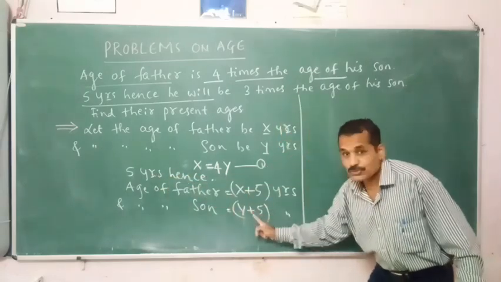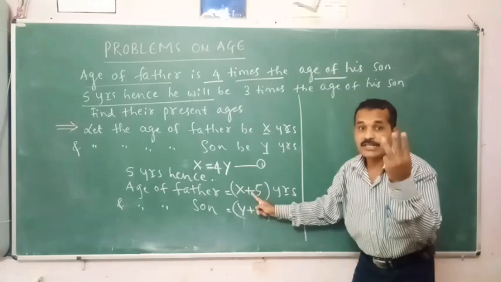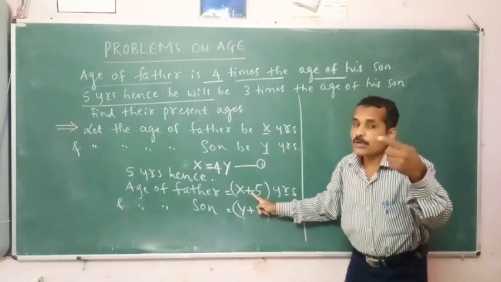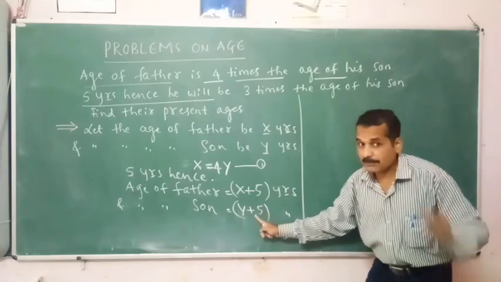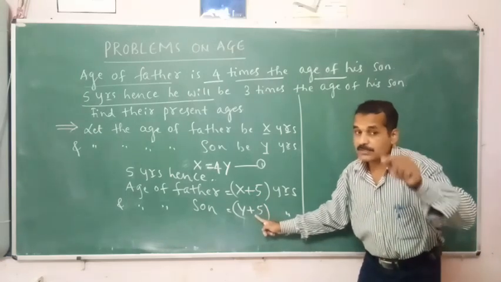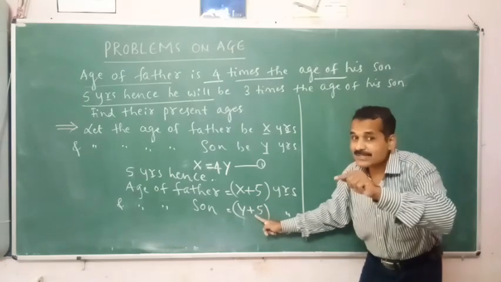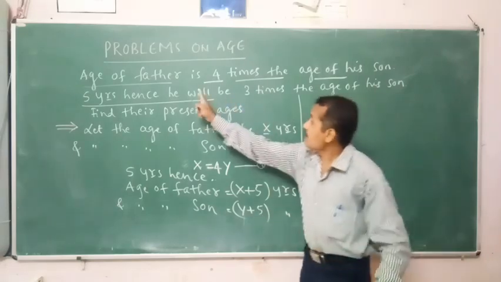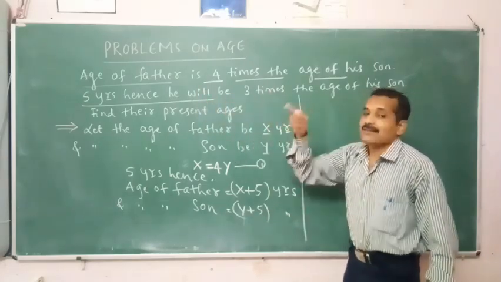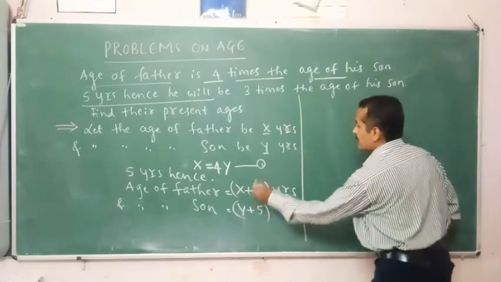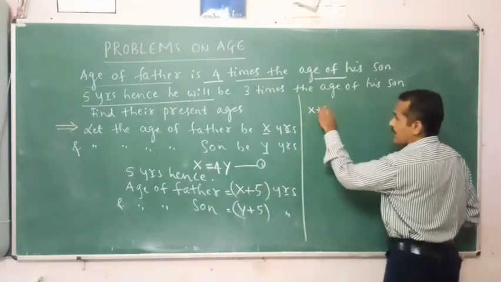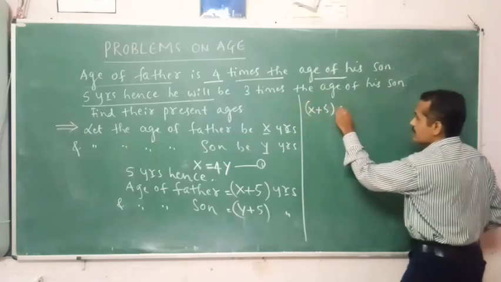When you compare these two, father is 3 times, means to whom you have to multiply with 3? To multiply to the son. Keep in mind, again I am stressing this point. Who is less? There you have to multiply. See, father will be 3 times, that means multiply to the son. I will write the equation. X plus 5 is the father's age.